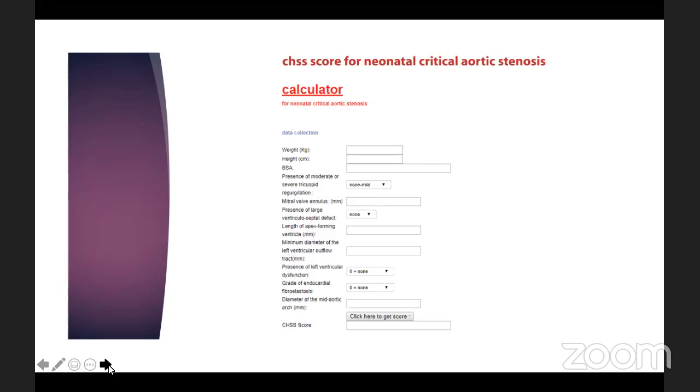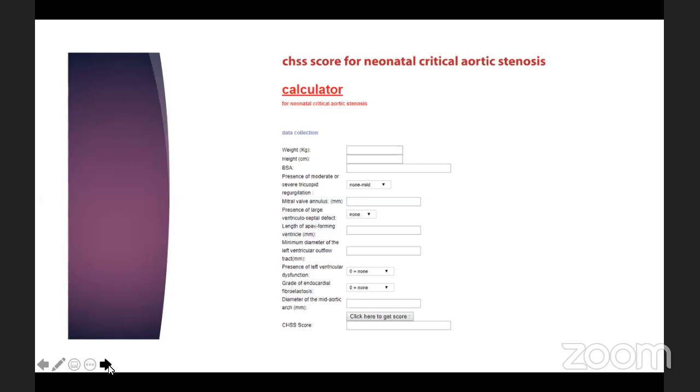Validation of this calculator is ongoing, and I expect that there will be a modification in the near future. Data presented 2 years ago showed that the predictive value of this tool is not as great as we once thought.